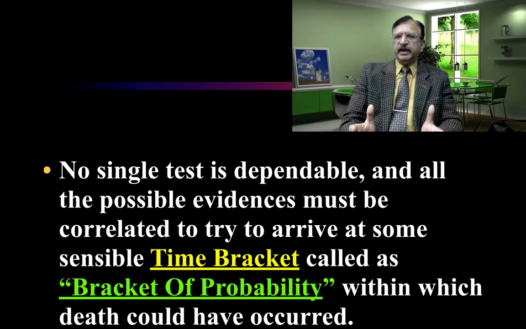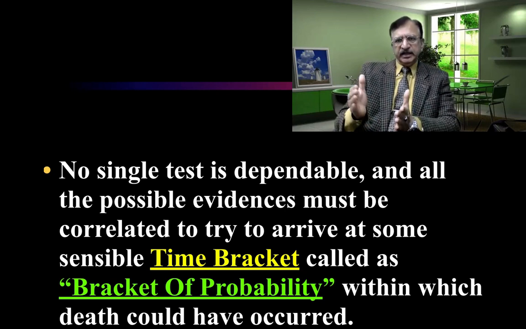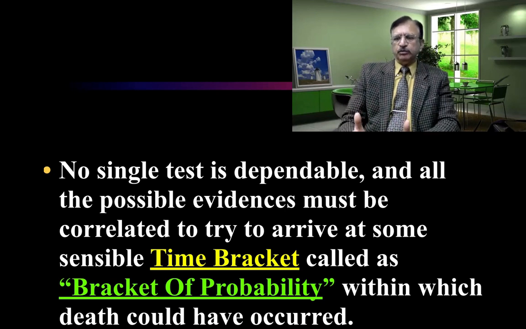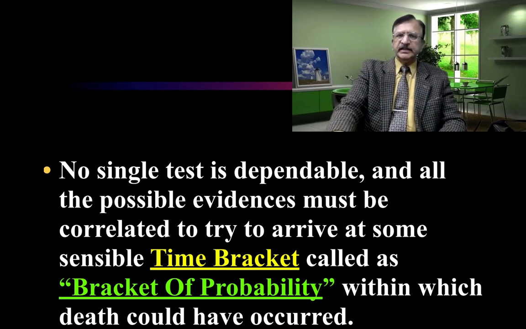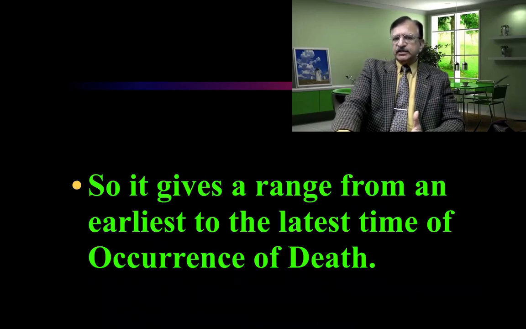The person might have died in that bracket of probability. That's how we estimate time since death, by studying the changes which appear after death. So it gives a range from the earliest to the latest time of occurrence of death.